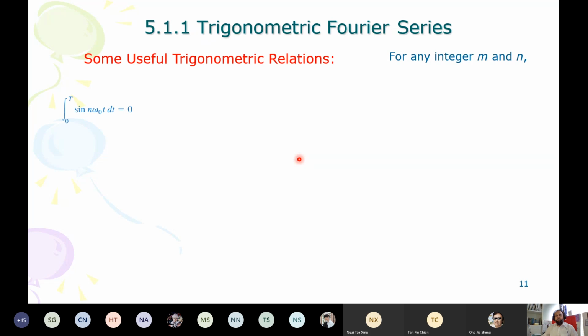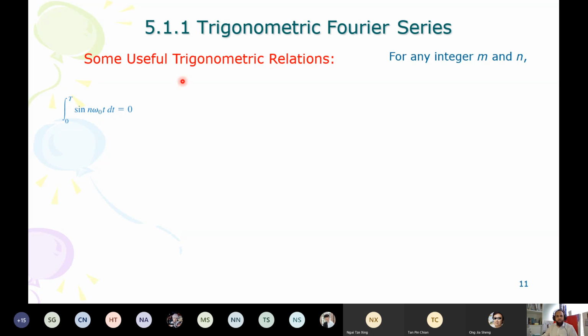Just to highlight once again, integration over a period is actually the area under the curve, and it is also taking the average value. So if you recall, any sine function if integrated over one period will be zero because the average is zero.